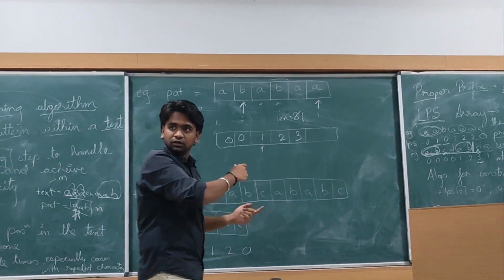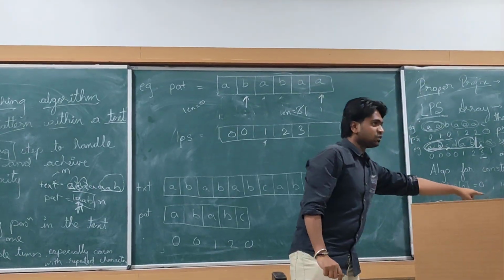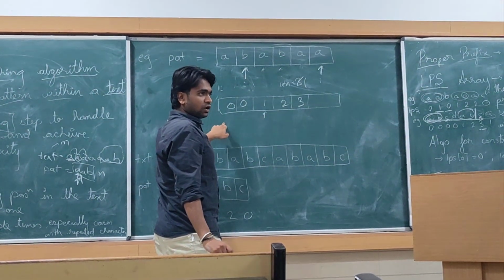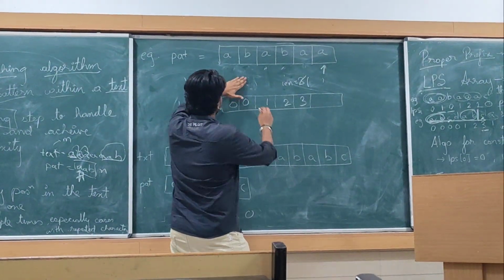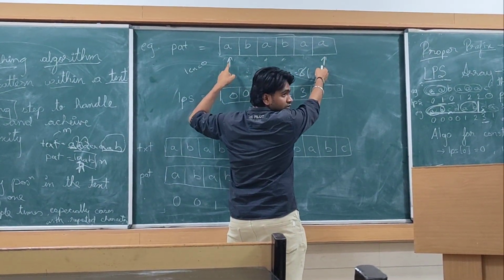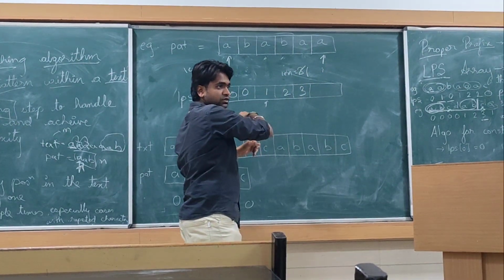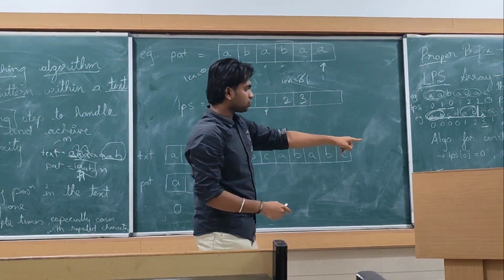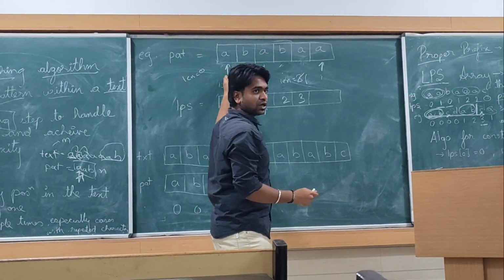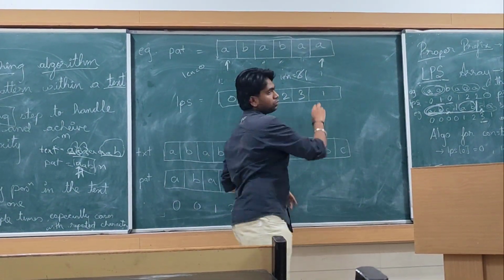Update length to LPS of length minus 1. Length minus 1 is 1 minus 1, which is 0. Then your length becomes 0. Now you will compare A and A. It matches. और अगर मैच हो रहा है तो length plus plus and LPS of I equal to length. तो length 0 था, plus plus होके 1 होगा and LPS of I equal to 1.